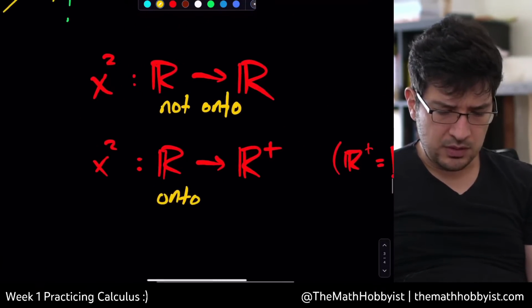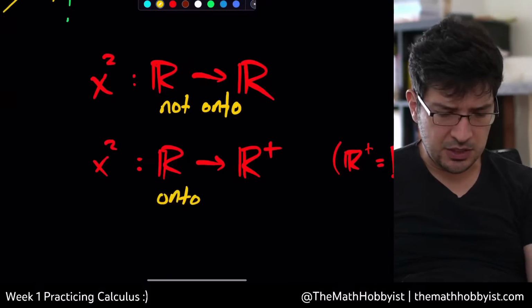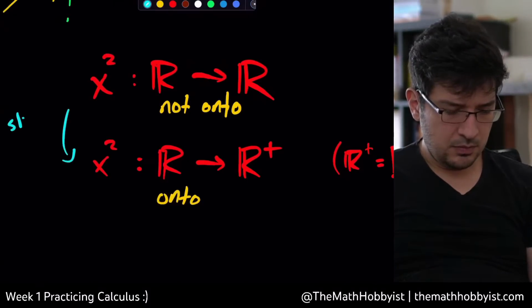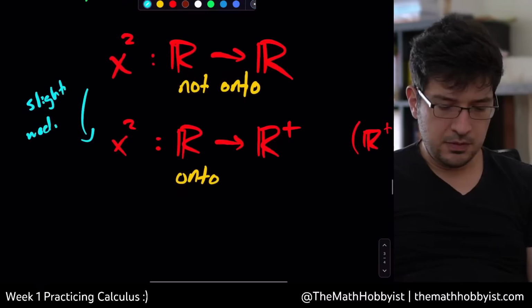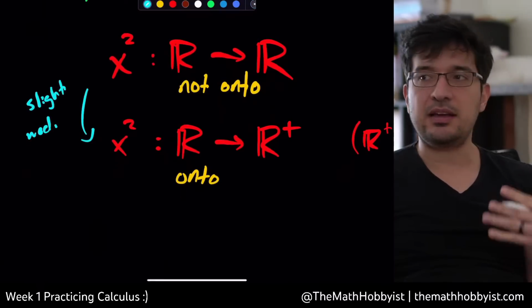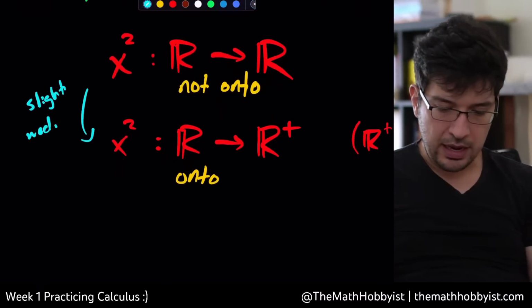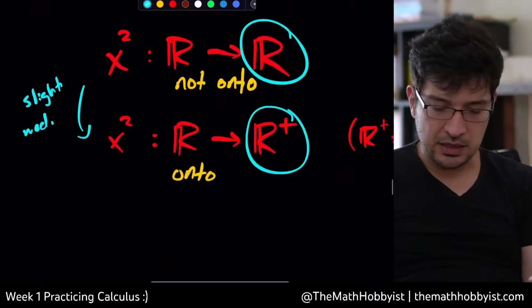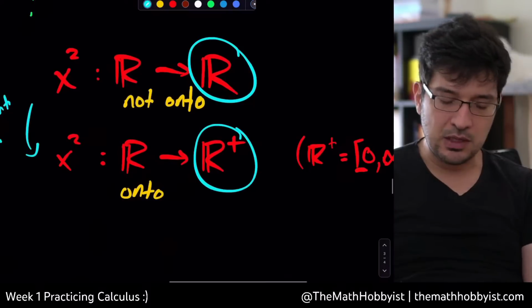Okay, so this is just a slight modification of that same function x squared. And what we did is we changed our consideration and we clarified, okay, well, you know what I meant.